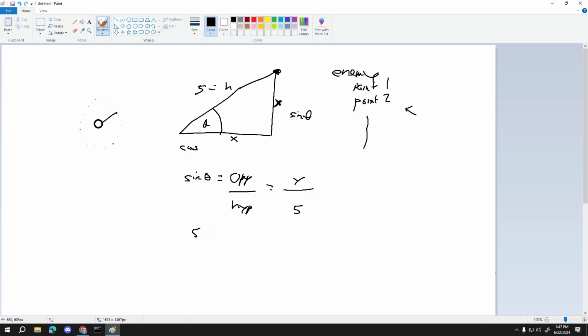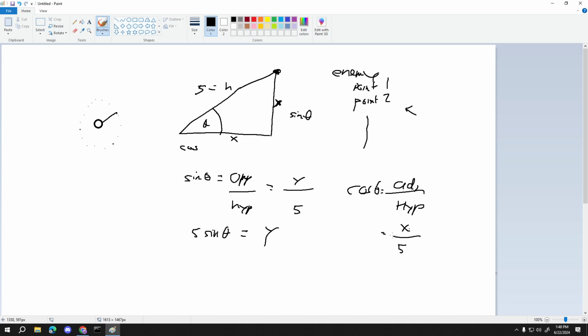So 5 times sine theta is equal to y. Same thing with x. Remember, cosine theta is adjacent over hypotenuse, and our adjacent is equal to x, our hypotenuse is equal to 5.